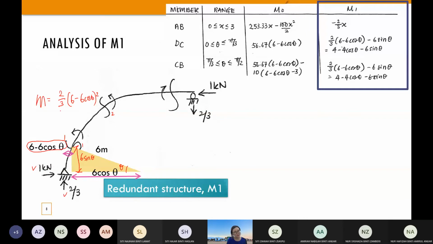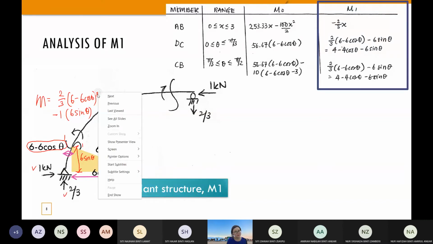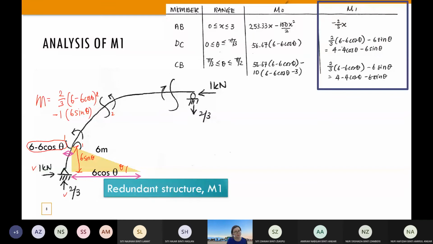So you have 1, which is acting in the same direction, so you have negative, multiplied with 6 sin θ. Don't get confused with this, this is not our moment, this is the cut section 2. So this will be your bending moment for cut section 1 and also cut section 2.